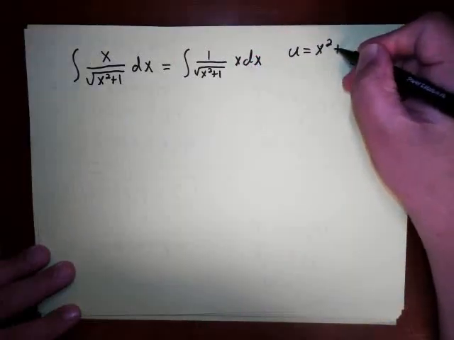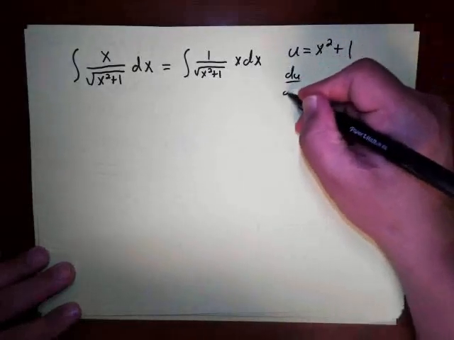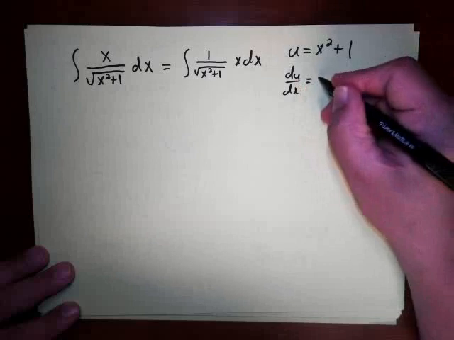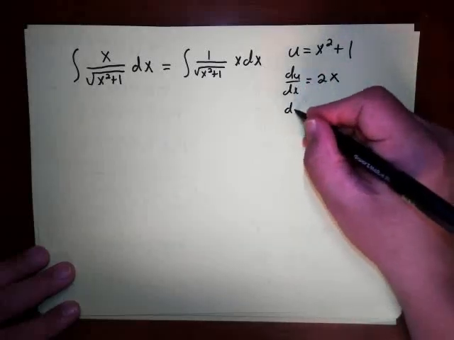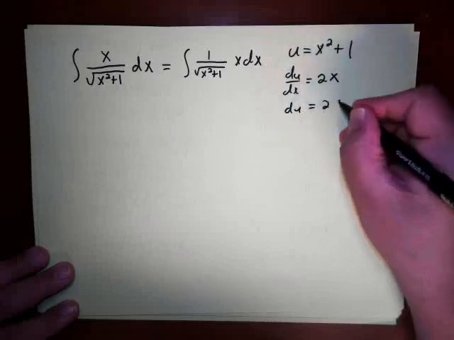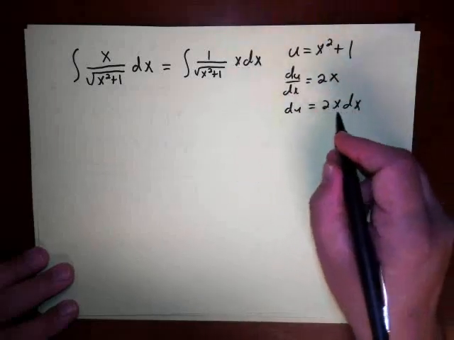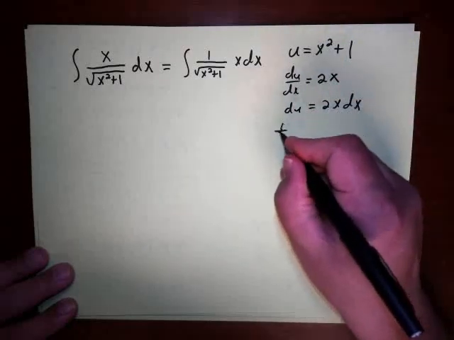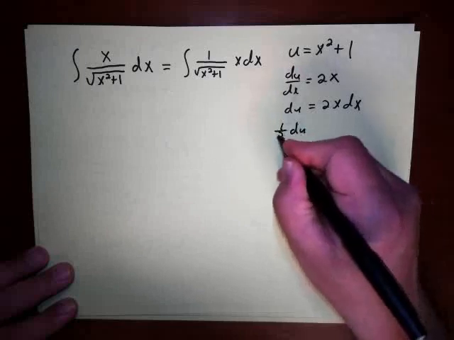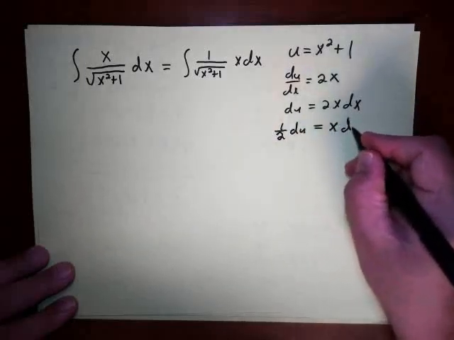It'd be x squared plus 1. Then my du dx would be 2x, right? And then my du would equal 2x dx. Now for this substitution, I need just the x. I don't want the 2, so I move the 2 to the other side. 1/2 du is equal to x dx.